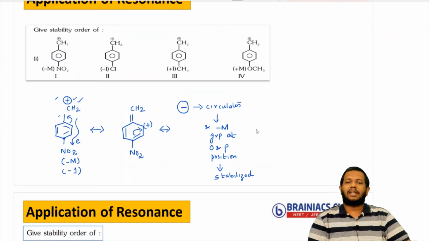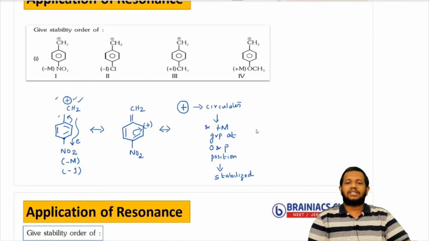What are the other possibilities? Now again plus charge circulates. Instead of a minus M group, we have a plus M group at ortho and para position. Take the opposite. So what is happening? Plus M group means what will it do? Think about that: whether it will attract or repel. That is what is important. A plus M group will repel the electrons.